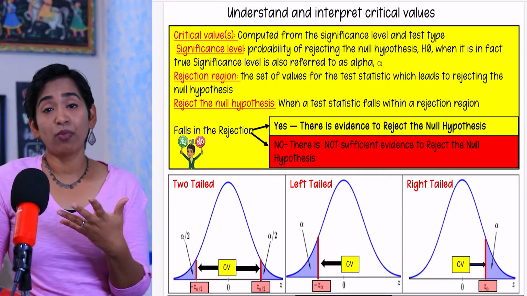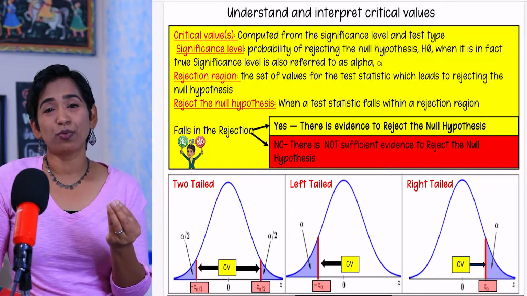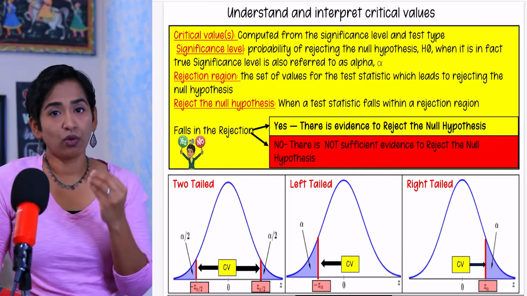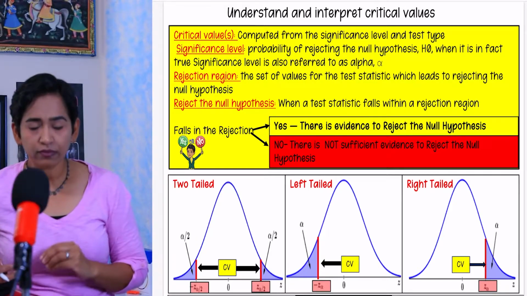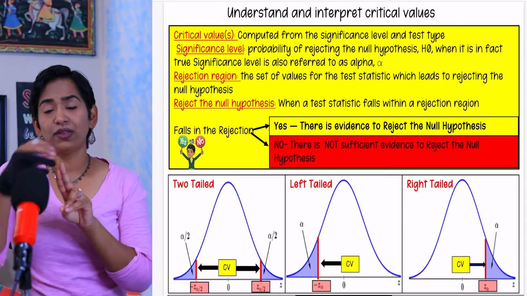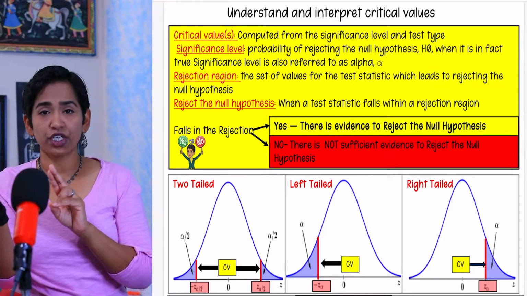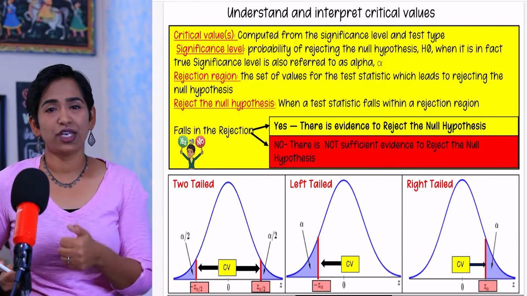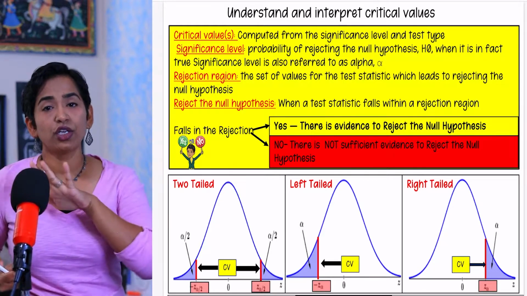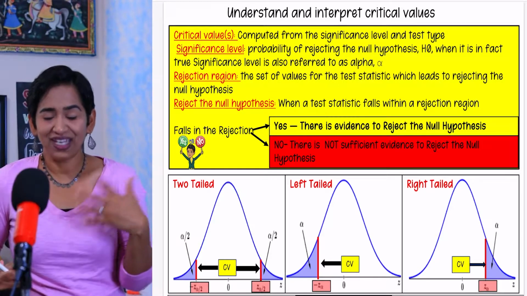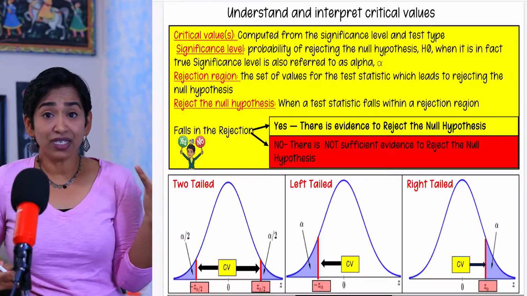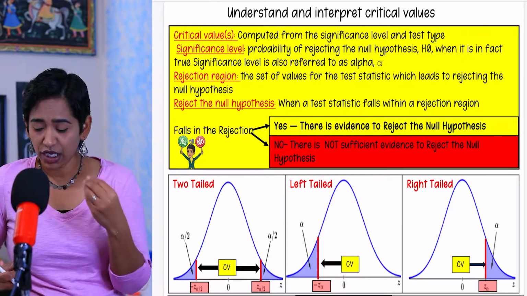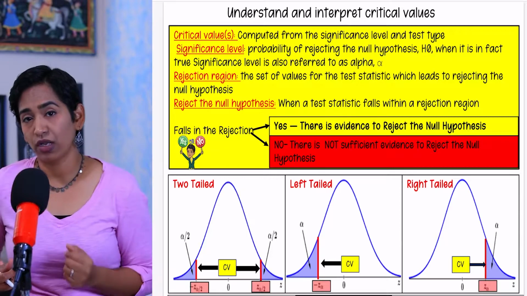Alternative is very important, but it's understood, and you always talk in terms of null. So two things can happen. Either the test statistic falls in the rejection region or it does not. If it falls in, you say you have strong evidence to reject your null hypothesis. If it doesn't fall, there is not sufficient evidence to reject your null hypothesis.